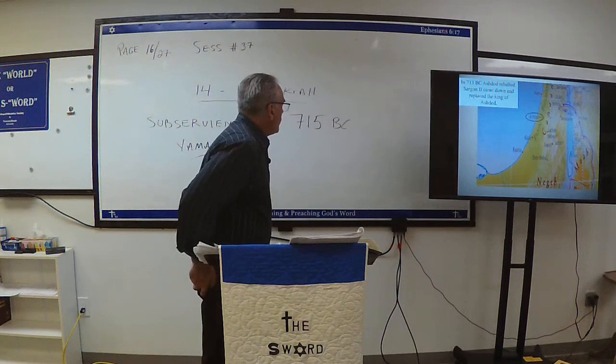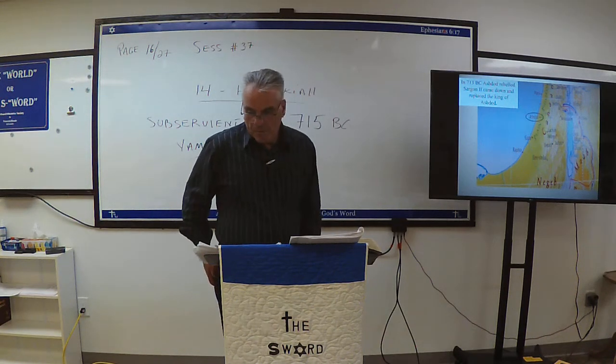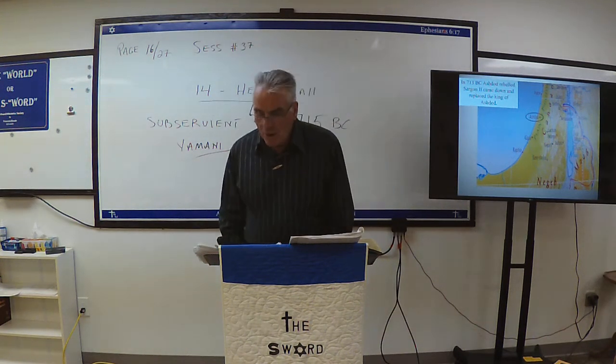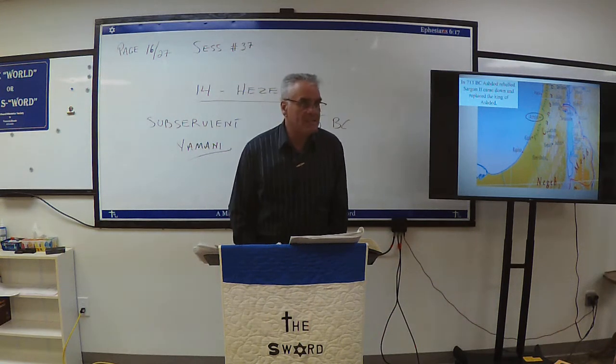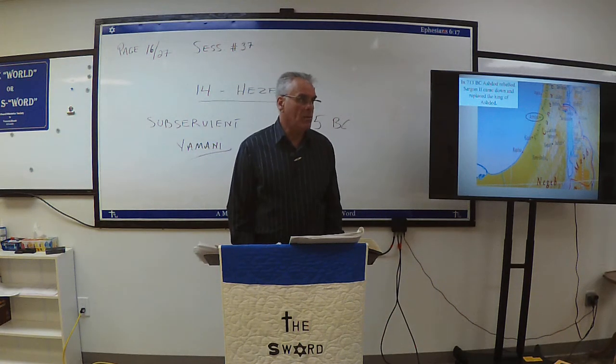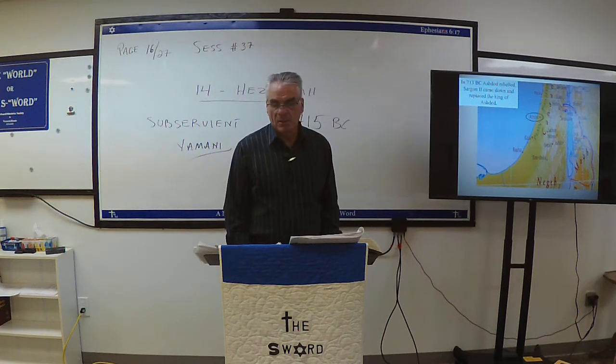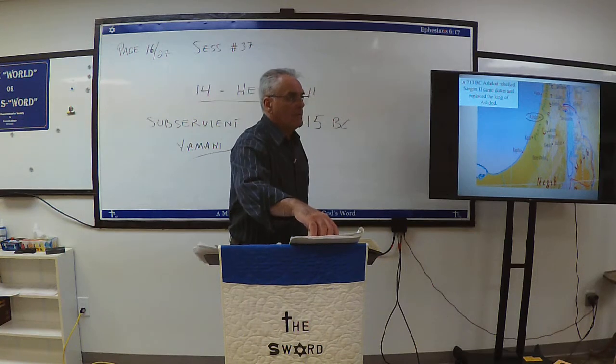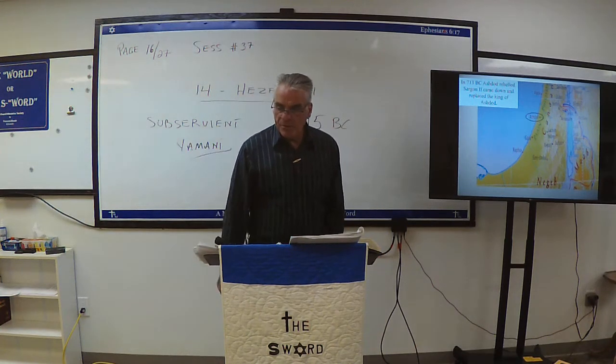So from 712 onward, the land was under the Assyrian yoke, securely under the Assyrian yoke.